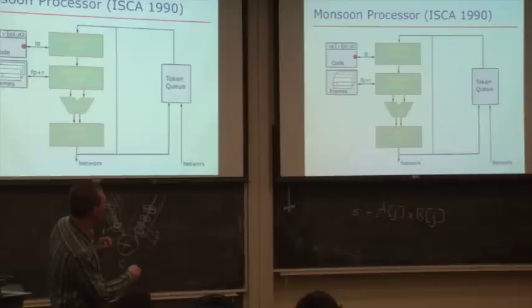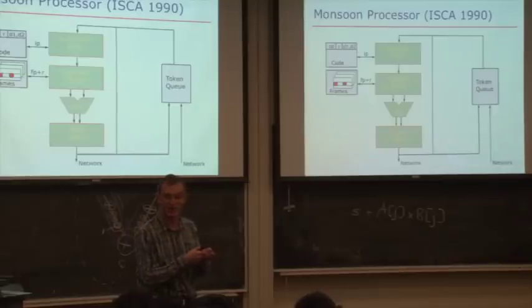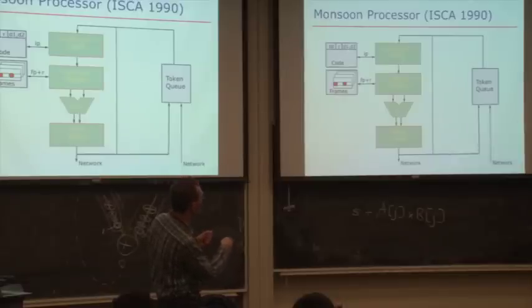You fetch the instruction, and it doesn't need to be in this order. You could actually do it this order also, but that's okay. You fetch the instruction, and you also know the frame pointer, right? Once you fetch the instruction, you also know how many inputs it requires. If it requires only one input, then you don't need to go here.